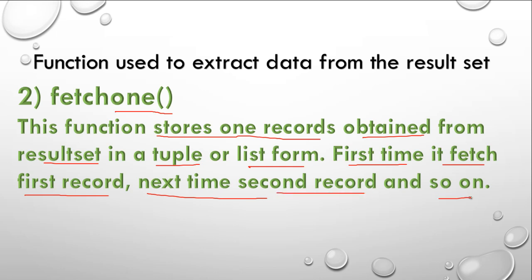It is up to us how many times we execute this function. The first time it obtains the first record, the next time the second record, the third time the third record, and so on.